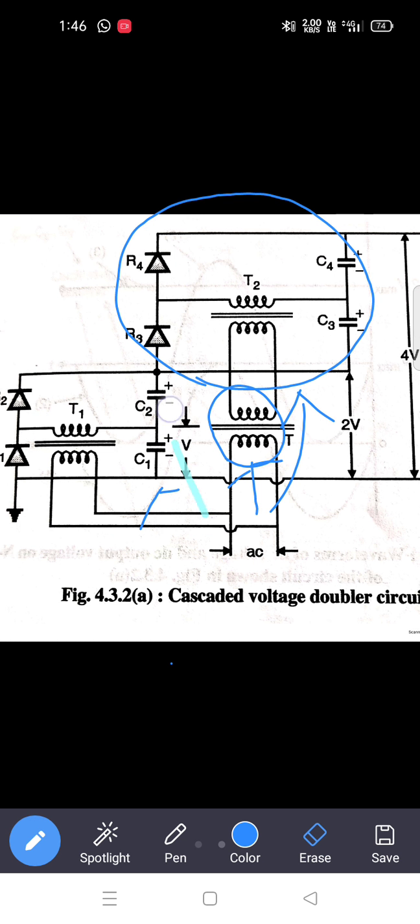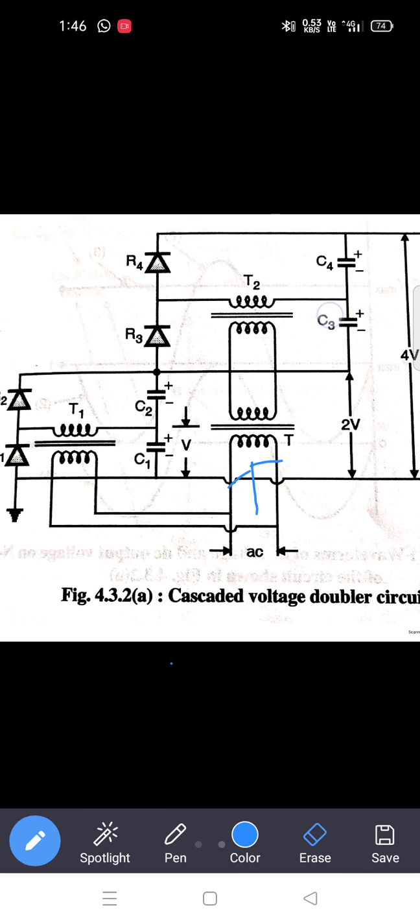Okay, so now in the second stage, we also have two capacitors, C3 and C4. So C3 will have 2V. Why 2V? Because the input of this stage has now become 2V, so C3 will charge up to 2V, twice of this stage's input voltage.